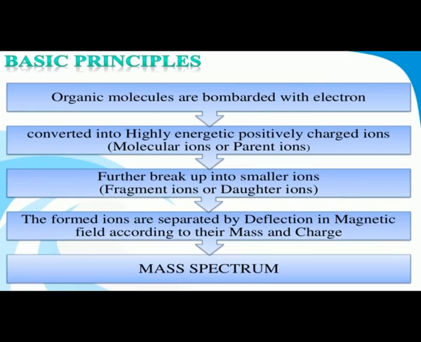Organic molecules are bombarded with electrons and converted into highly energetic positively charged ions that we call a molecular ion or parent ion, having the highest molecular weight. It further breaks up into smaller ions, which we can call fragment ions or daughter ions. The formed ions are separated by deflection in the magnetic field according to their mass to charge ratio, and after that we get the mass spectra.